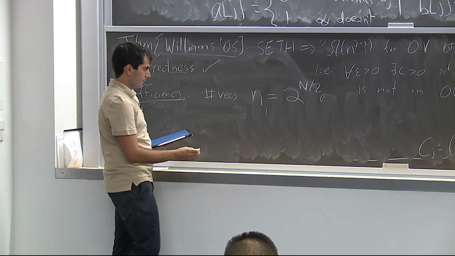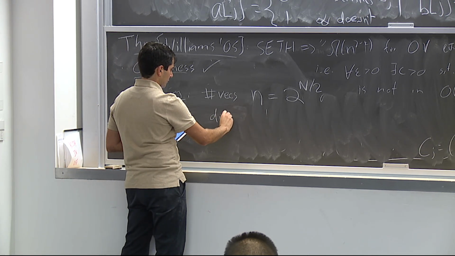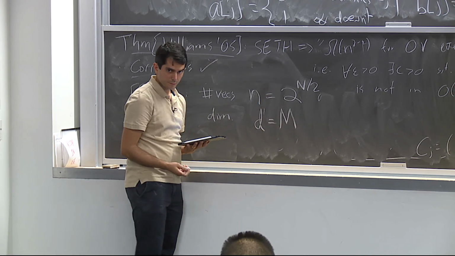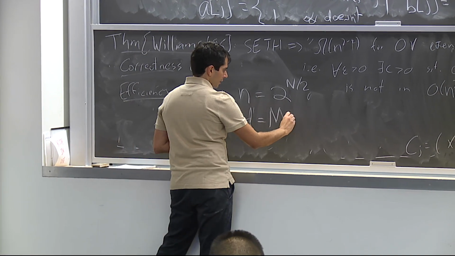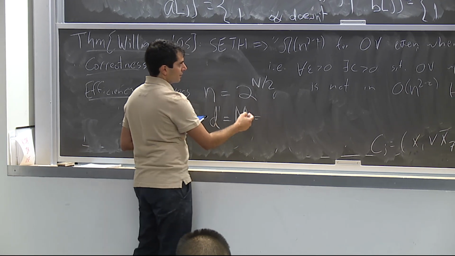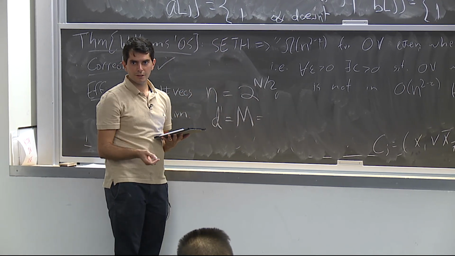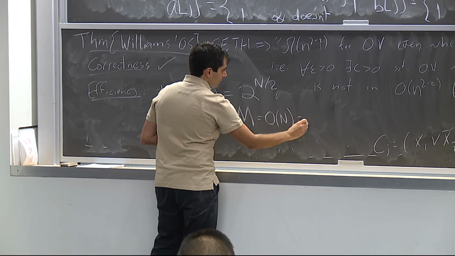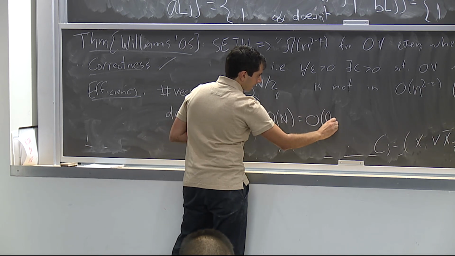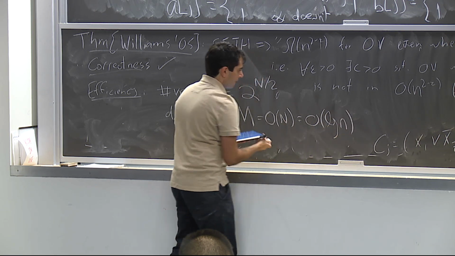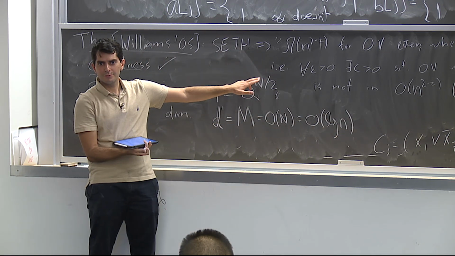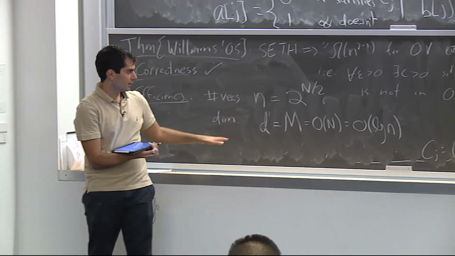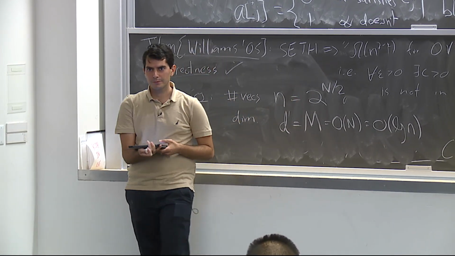And what is the dimension? It's the number of clauses, which is linear. We assume that it's linear because of sparsification, linear in n, which means it's of log n. Because n is exponential, so then linear becomes logarithmic. So the dimension is logarithmic in the number of vectors.